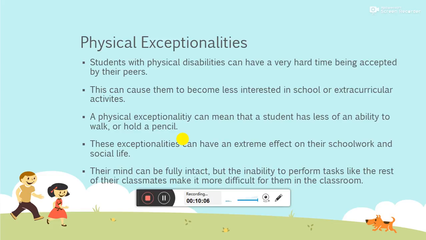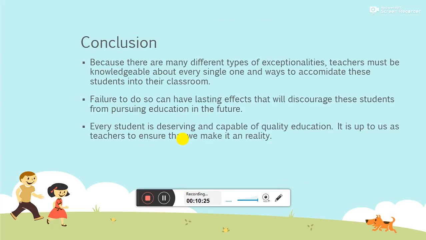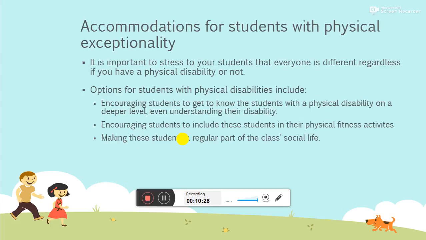Also, it might be hard for them to get through a classroom. So first and foremost, they have to be able to get into the classroom and be able to be taught inside of the classroom. A couple of things that you can do to help alleviate these issues are to ensure that they are accepted by their classmates and encourage the classmates to learn more about these students, whether it's learning about their disability or just learning about their at-home life.